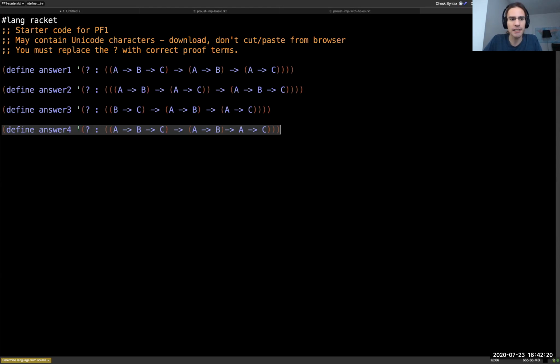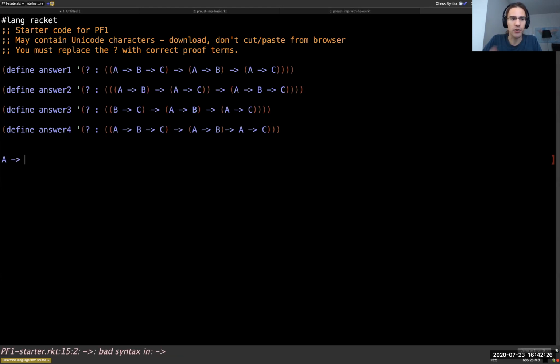The one thing that I didn't have time to discuss, and that Prabhakar mentioned very quickly, is the right associativity of implications. So in general, if you have any statement of this form, the way that it's automatically implicitly bracketed is as follows.